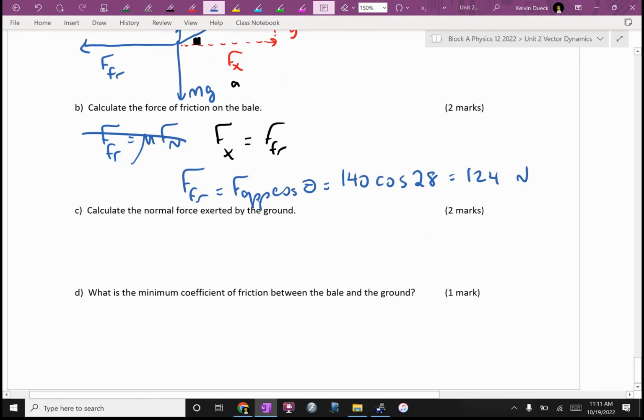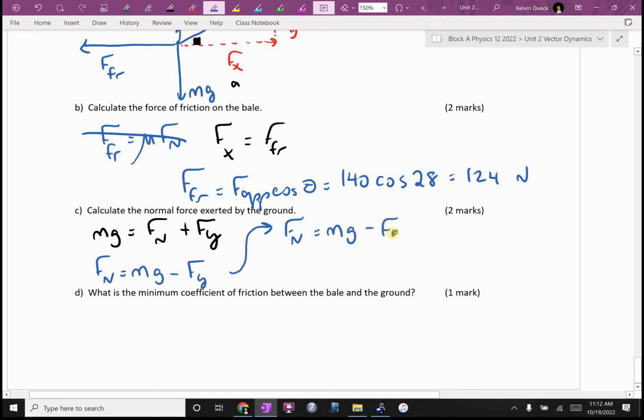What's the normal force? Well, everything down, which is mg, has to equal everything up, which is the normal force and Fy. To get the normal force by itself, the normal force is going to be mg minus Fy. The Fy ends up being sine. So the normal force is mg minus F applied sine theta.